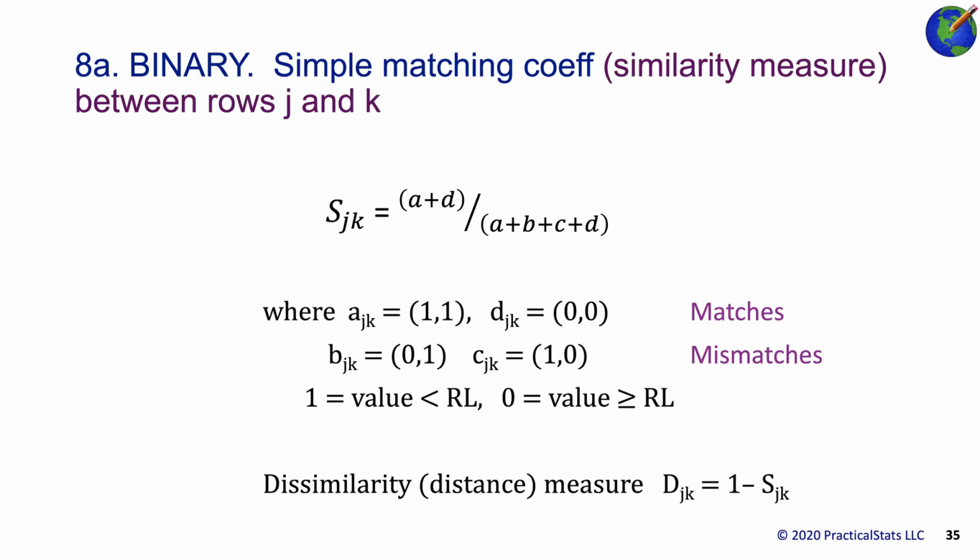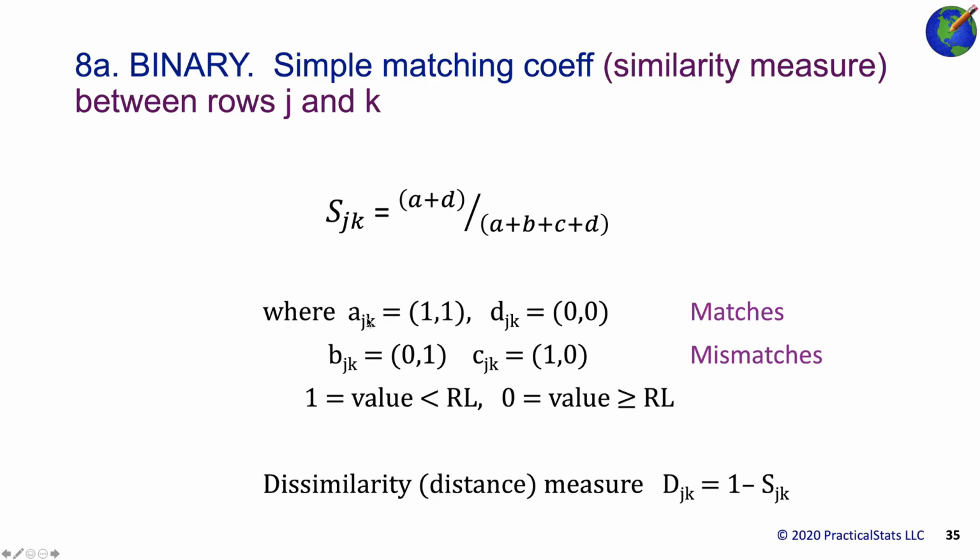So this is the simple matching coefficient. The things we're matching are 1s and 0s, whether this is below the detection limit or above the detection limit. The ones in NADA2 by default, though you can change this, are below the detection limit, so these are yes, censored, and the 0s are no, they're not censored, they're detected.